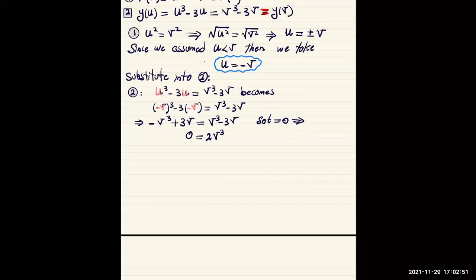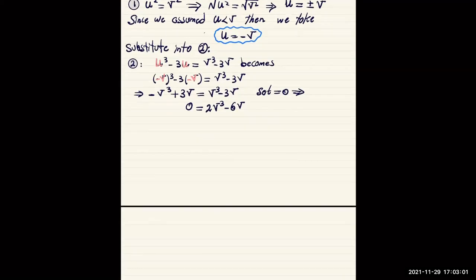When you add v cubed, and then subtract a 3v, you get minus 6v. Okay, now you can factor this out. You get 2v, I could factor that out. That leaves us with v squared minus 3.